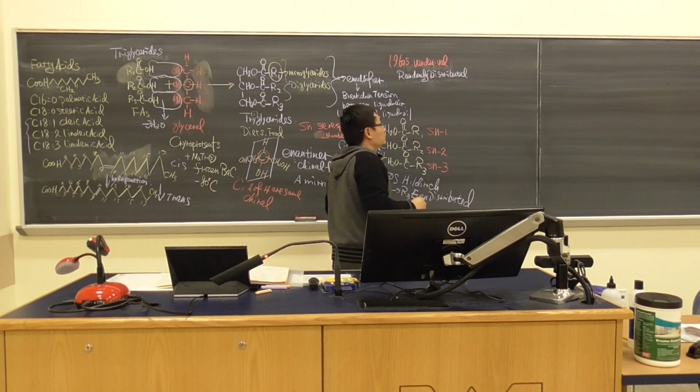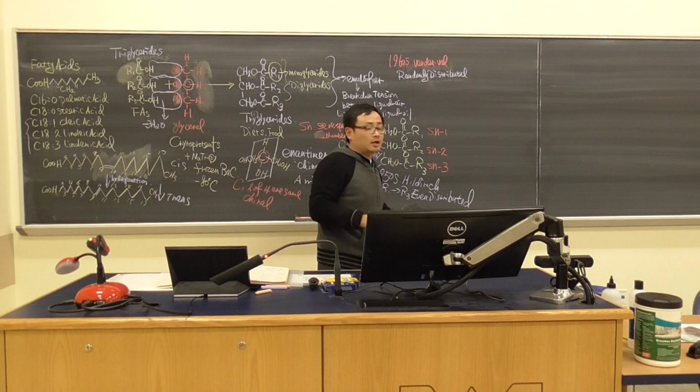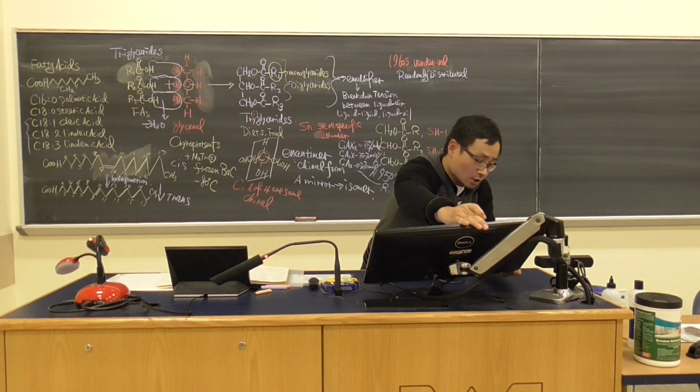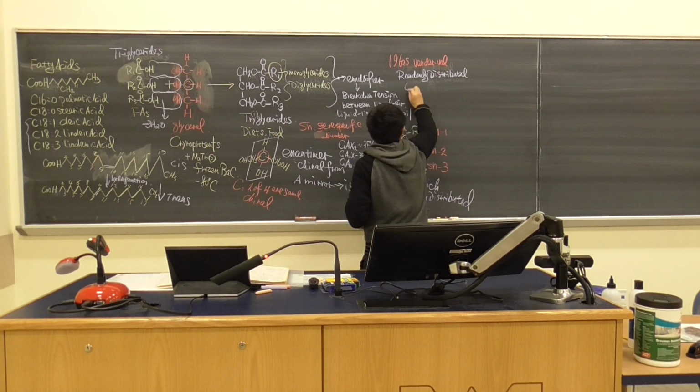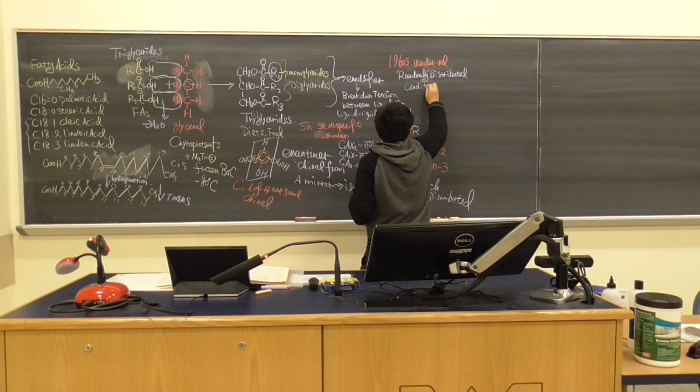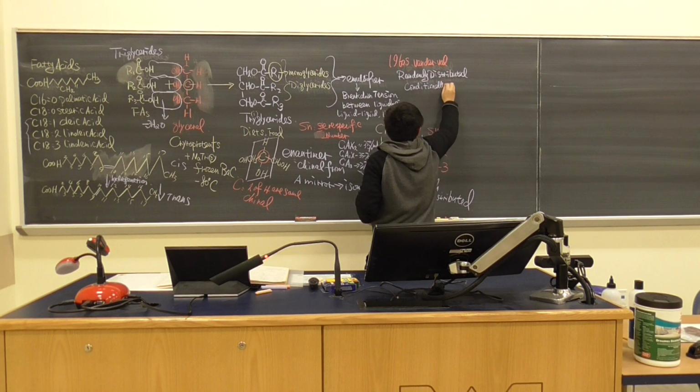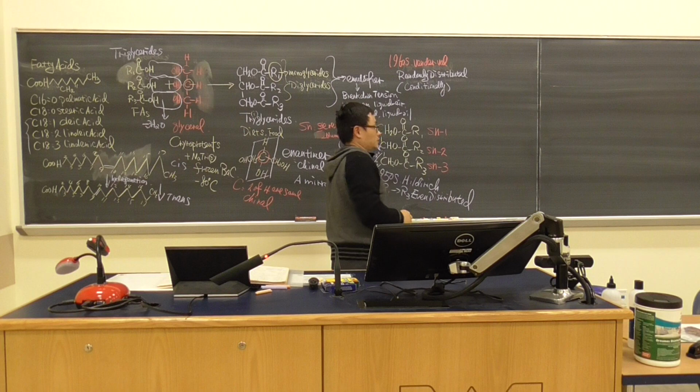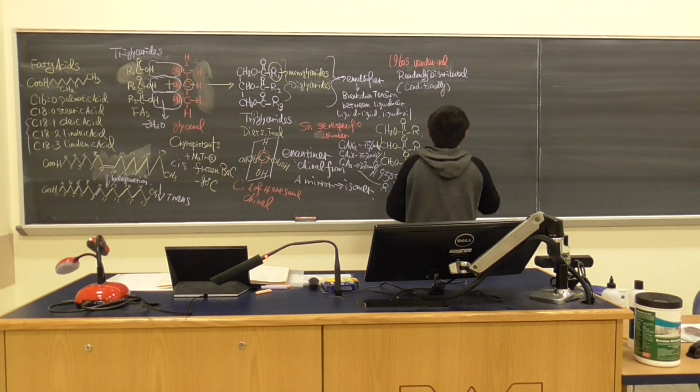But this random distribution is not whatever you like to do. It is conditional. So we call it conditionally randomly distributed. So what this means, we can give you several examples.